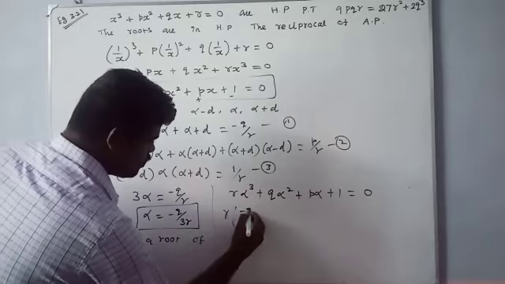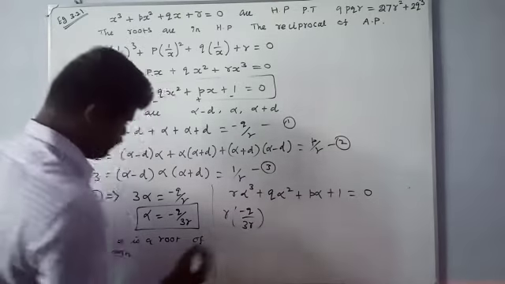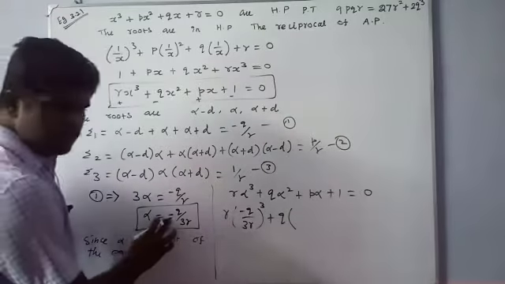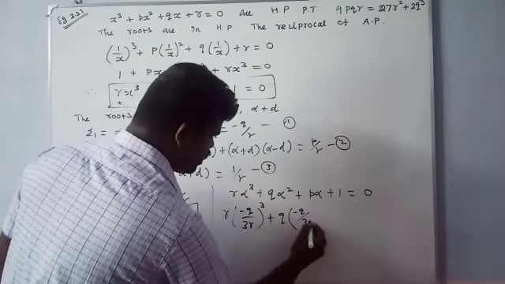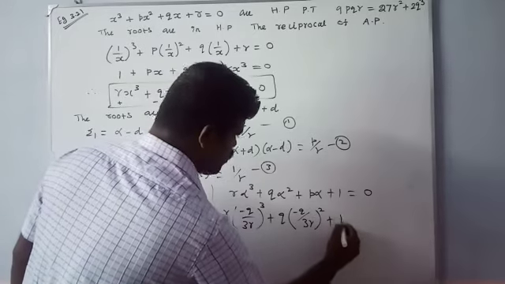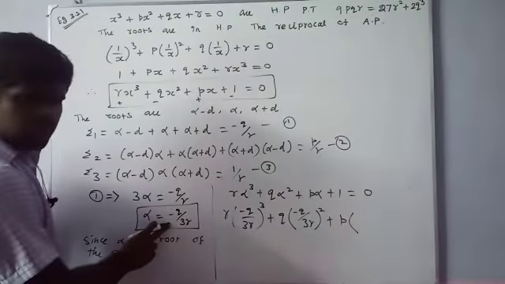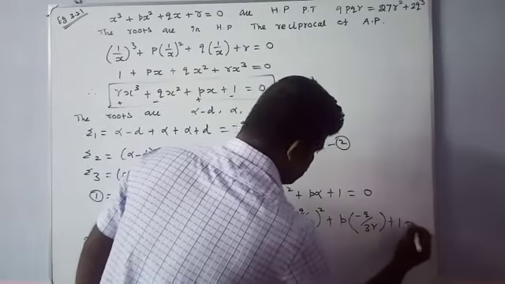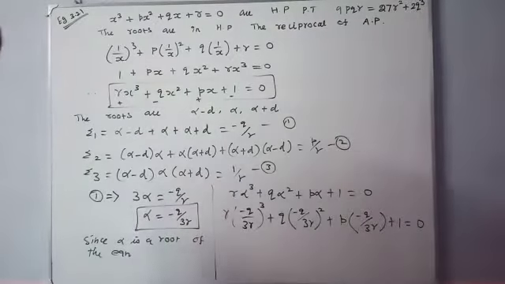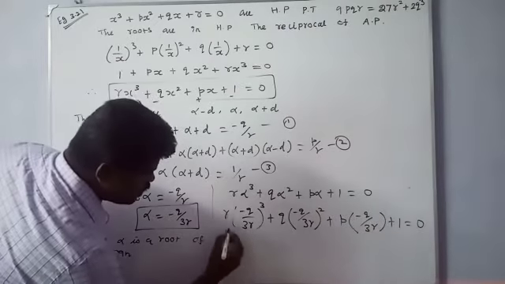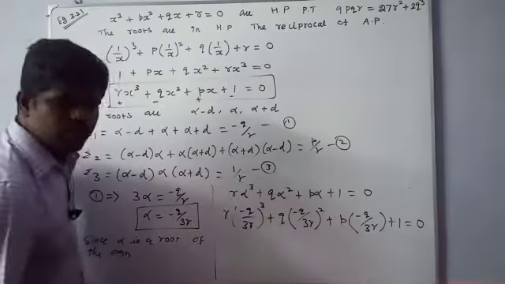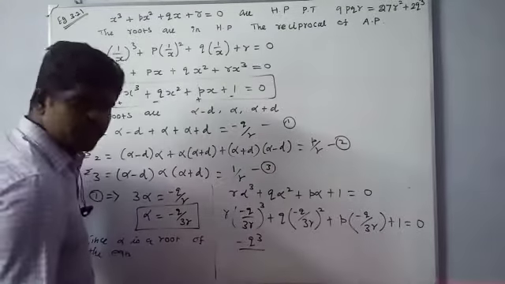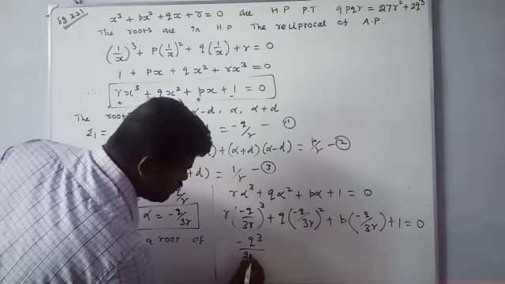Here r into minus q by 3r whole cube, plus q into alpha value, minus q by 3r whole square, plus p into alpha value, minus q by 3r, plus 1 equal to 0. Now here r cube, so what is the value? Minus q cube divided by 3 cube, means 27.